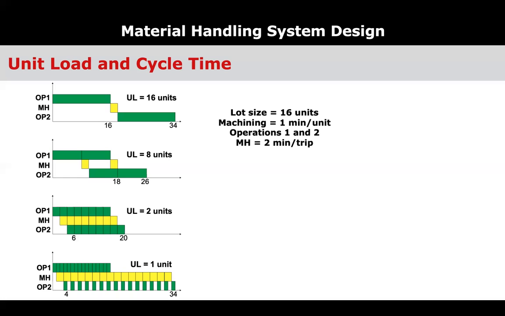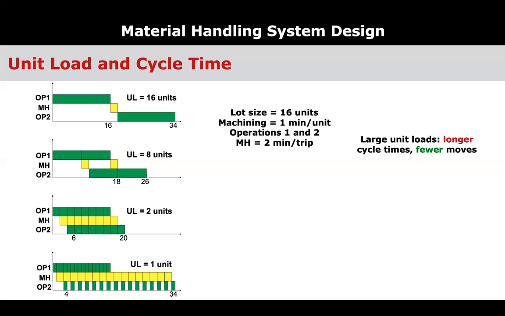And then the last one here is a real single piece flow, where you do each one individually, a unit load of 1. But every time you do 1, it takes 2 minutes to move it. So your transport time on this is 2 times 16, which is 32. Your processing time doesn't change really, it's just that now you're spending 32 minutes of movement.